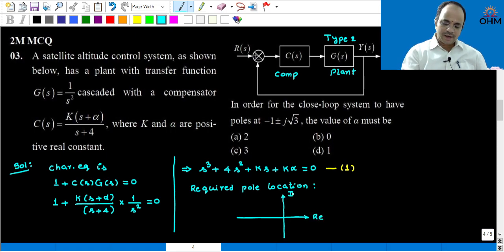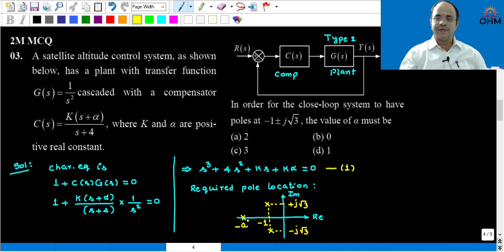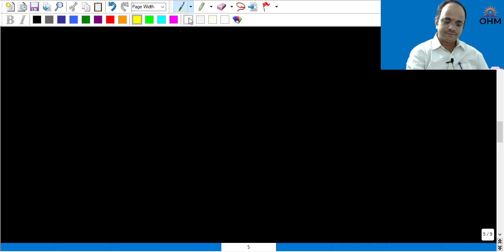So if you draw the real and imaginary pole plot, this is -1 plus j root 3 and minus j root 3. Now we don't know where the third pole is located. Then what I can do, hypothetically, is assume that the third pole is placed at -a position. Therefore, with this required pole location, now I can define the required characteristic equation.